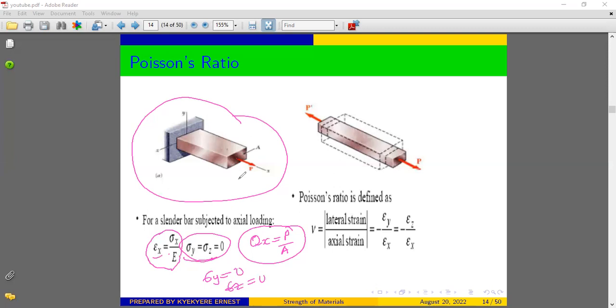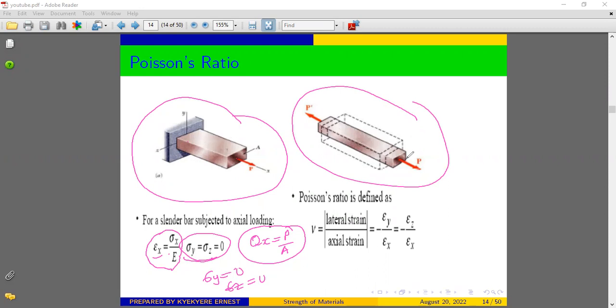And what is going to happen is that because this force in the x-axis is trying to elongate the member, the distances on the y-axis and the z-axis will be contracted. So when you look at this second diagram here, you find out that after the elongation, what we have indicated with the dotted lines is the initial structure.